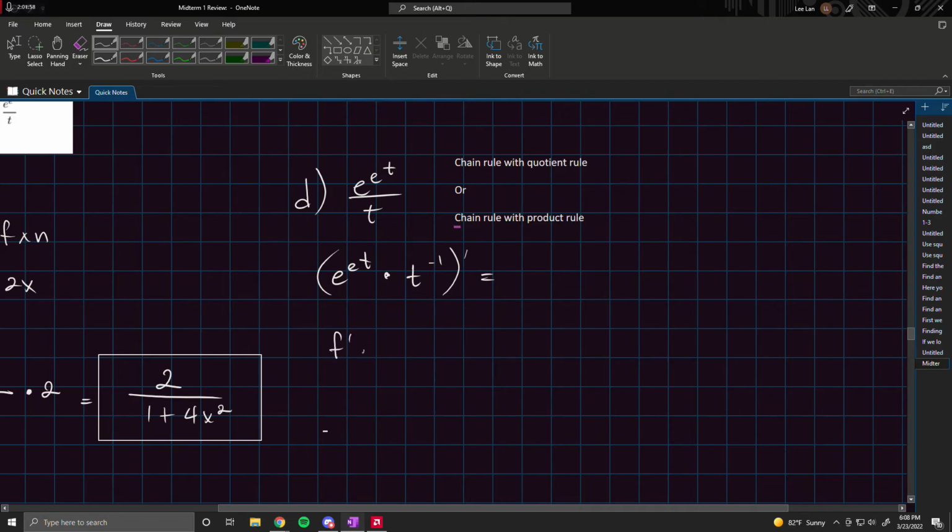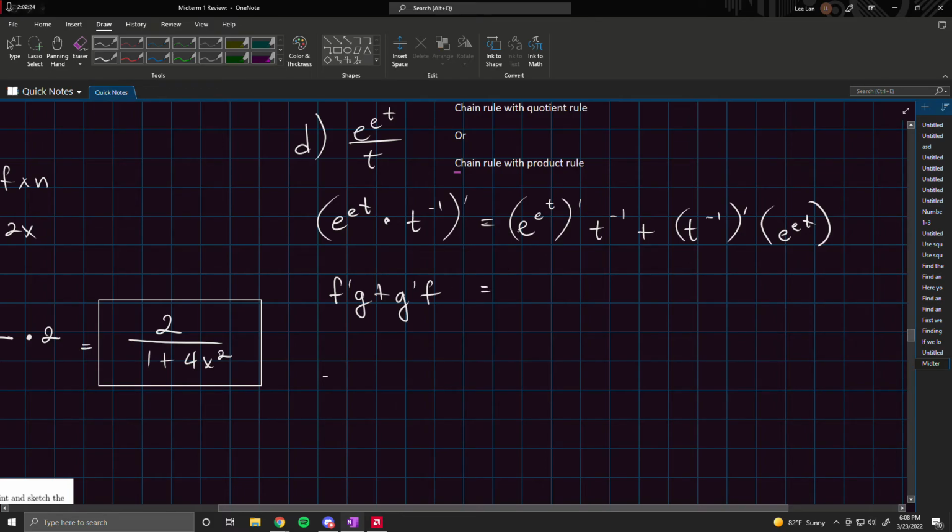That's f prime g plus g prime f. So what is f prime? Well, that's e to the t. I'm going to take the derivative later, and then times g, this is t to the negative 1, plus t to the negative 1 prime times e to the t.